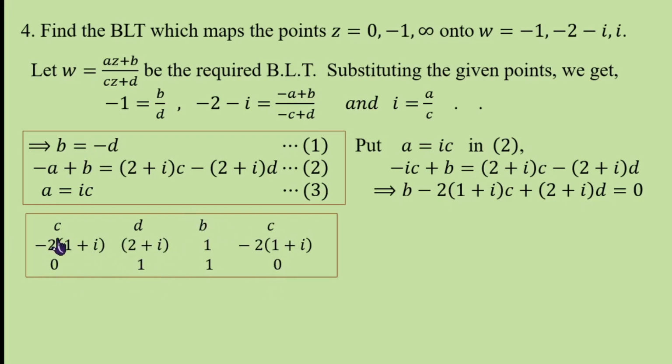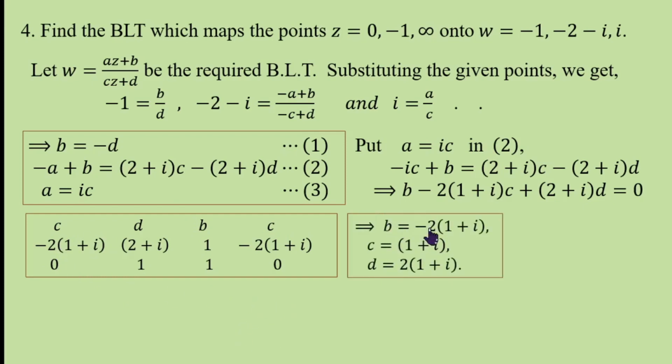Now this cross multiplication: minus 2 times (1 plus i) into (1 minus 0), that is B. B is minus 2 times (1 plus i), and C is nothing but (2 plus i) into (1 minus 1)... 2 minus 1 is 1, (1 plus i).